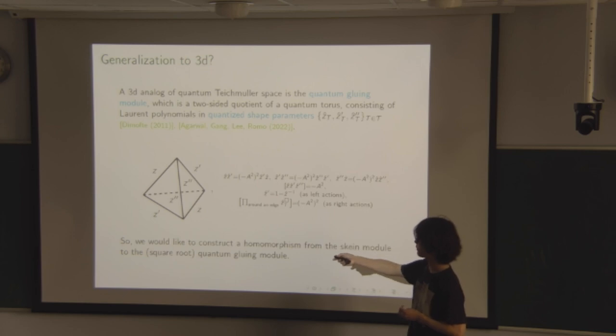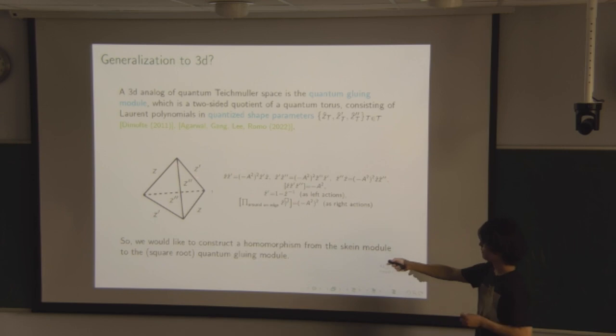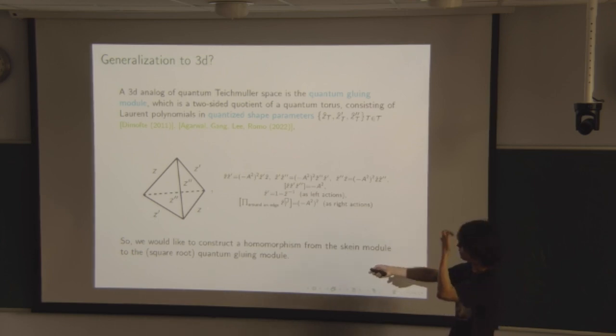Just for convenience of notation, I'm going to call one of the pairs Z, and in clockwise order we label them Z prime and Z double prime. Classically, these are some complex parameters that determine the shape of this hyperbolic ideal tetrahedron.